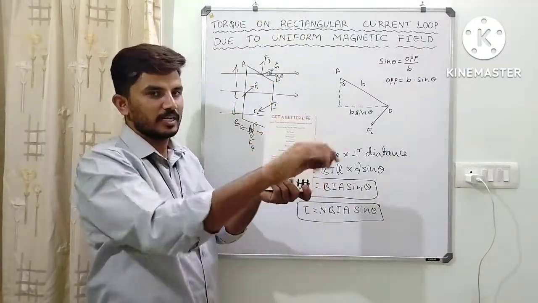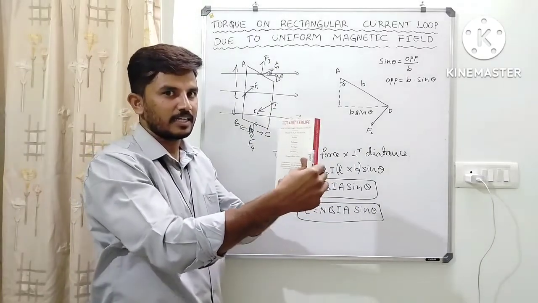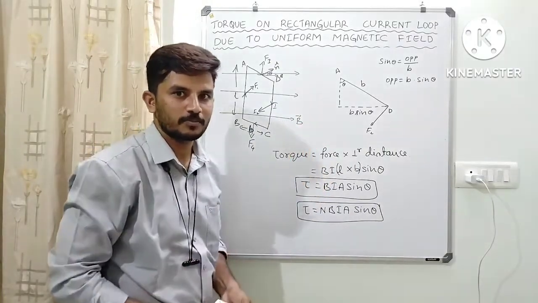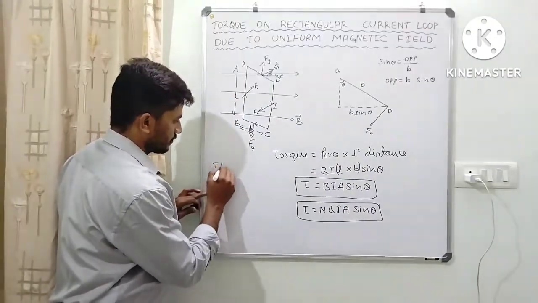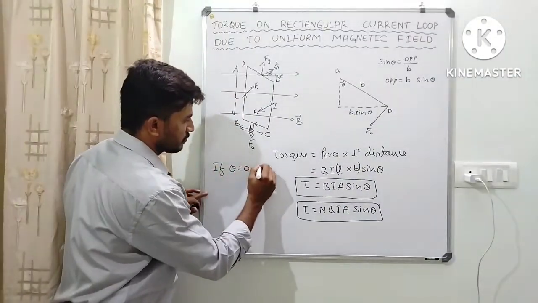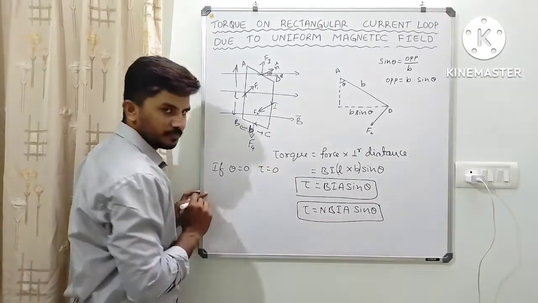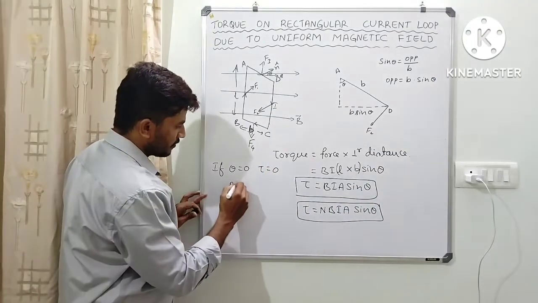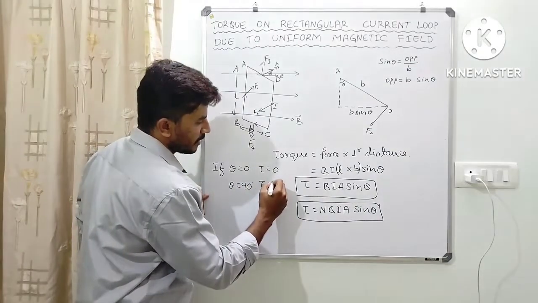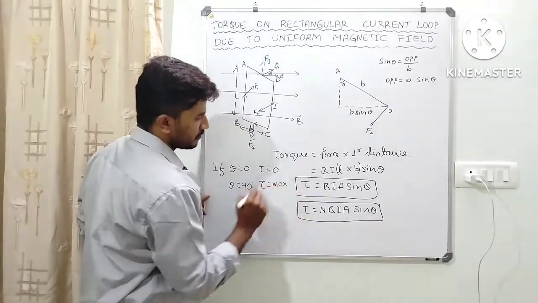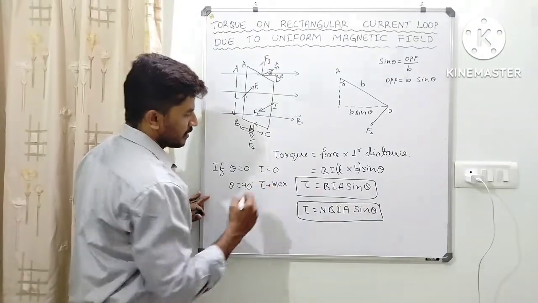This side and this side make a couple, and the rectangular loop rotates. So if theta is 0, torque is 0. If theta is equal to 90 degrees, tau is maximum.